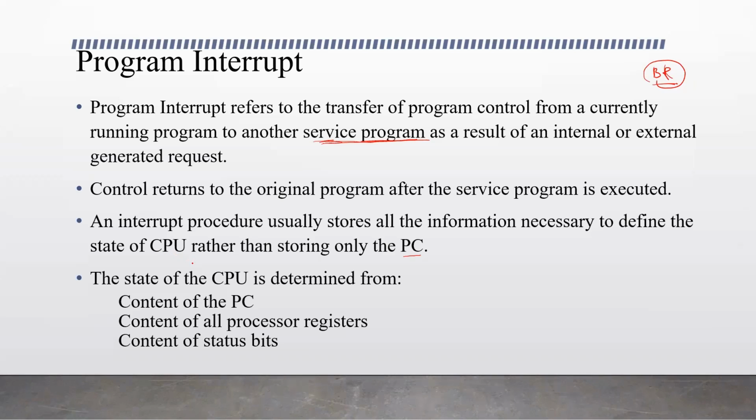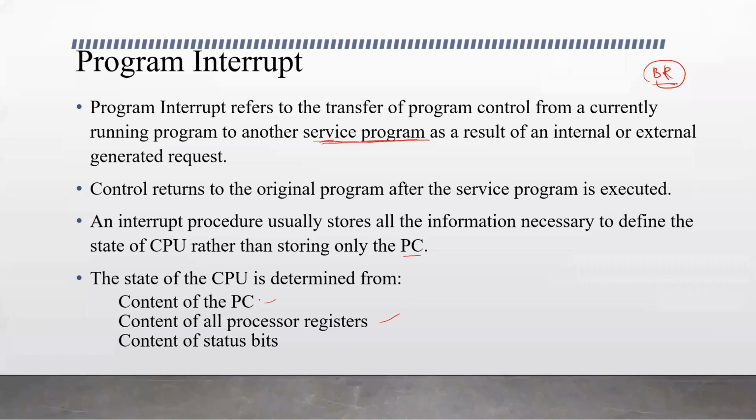Before the control is taken to execute the service routine, the state of the CPU is stored. The state of the CPU is determined from the content of the program counter and the content of the processor registers. What needs to be stored before the control moves to execute the service routine?